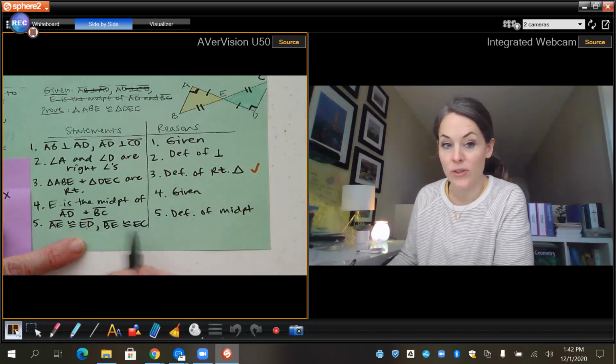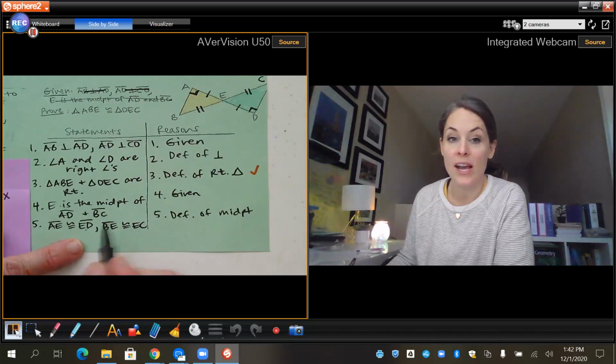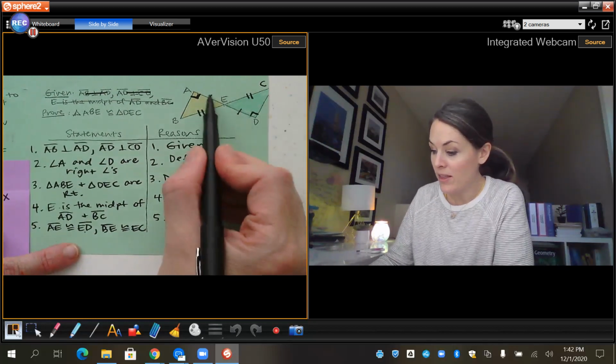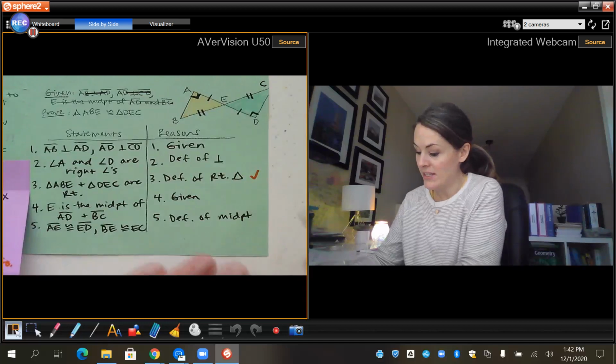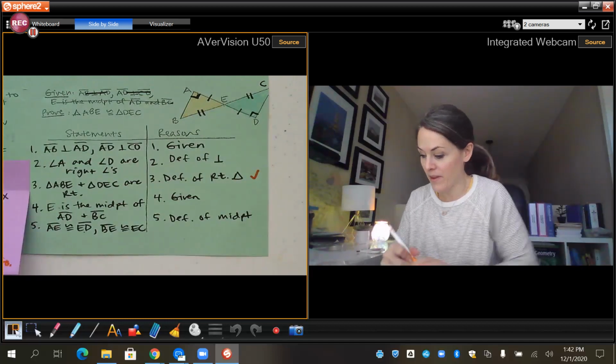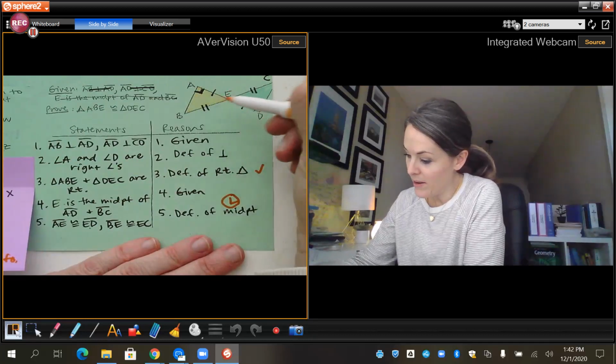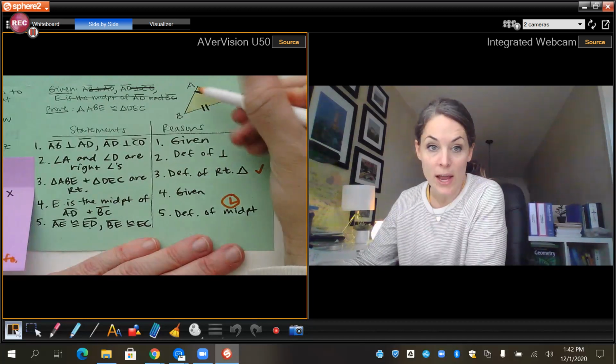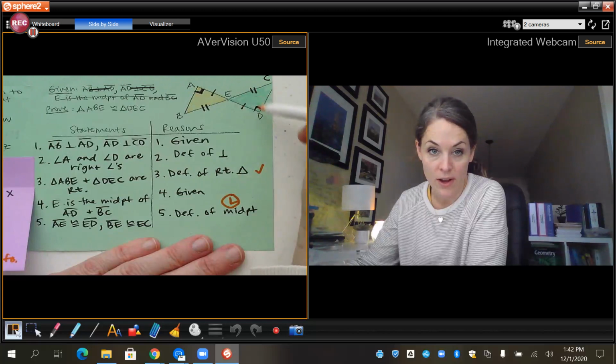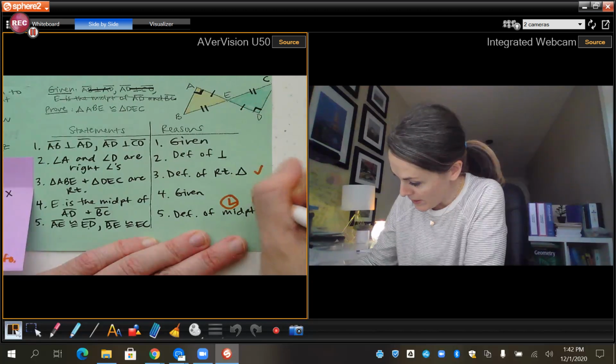Now, I have 2 congruent statements here. Those are 2 sides, but let's look at the picture. AE and ED is the leg, right? So I have the leg. And then BE and EC, those are the hypotenuse, because it's across from the right angle. So that would also be H.